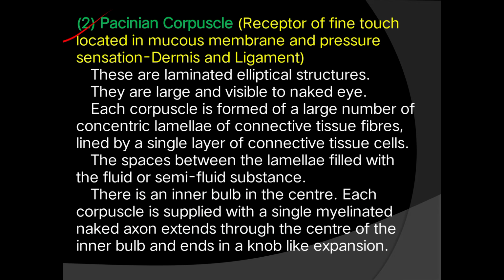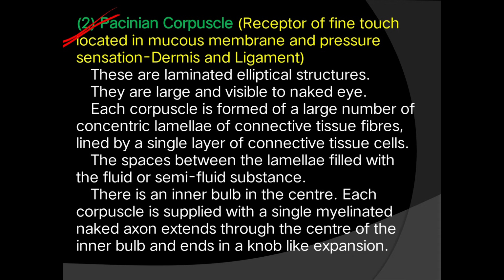Next is the Pacinian capsule. It is a receptor for fine touch located in mucous membrane, and for pressure sensation in the dermis and ligament. Mucous membrane is the inner side of the nasal cavity, and is found in the oral cavity also. It is found in the dermis just below the epidermis and in the ligament.